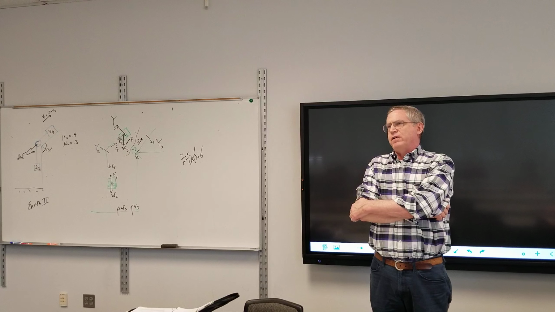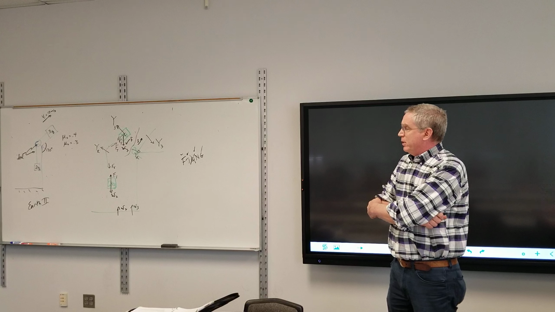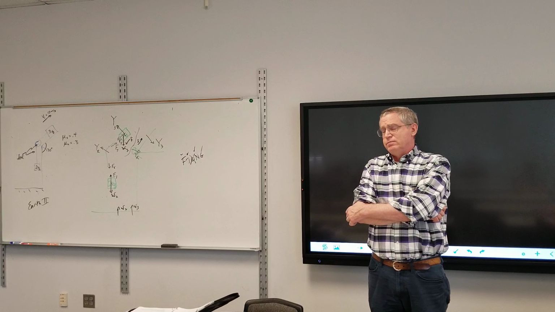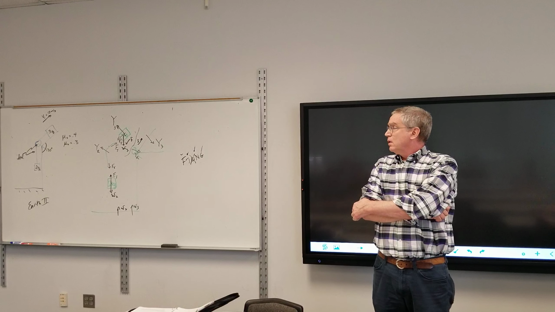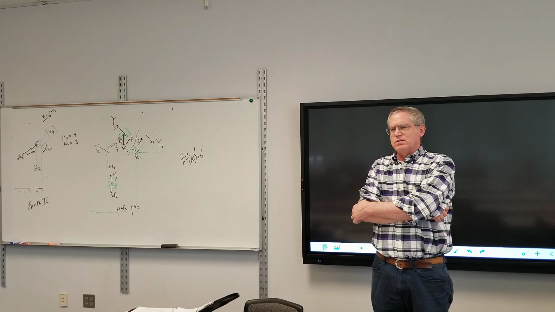If I put in a hand of God there to push it one way or the other, then I usually just label it whatever the value is, or F applied, whatever seems appropriate for the problem.